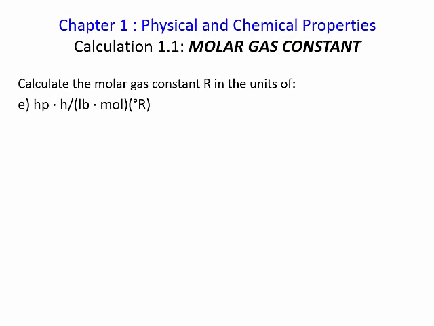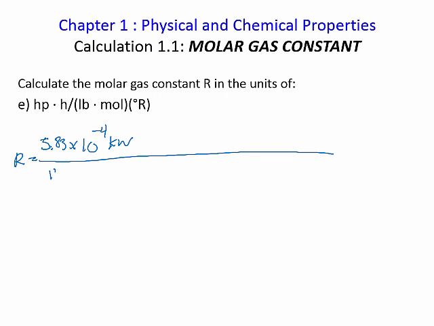For part E, we convert what we obtained in D as 5.83 times 10 to the minus 4 kilowatt hour over pound mole degrees Rankine. We just need to convert horsepower hour to kilowatt hour.